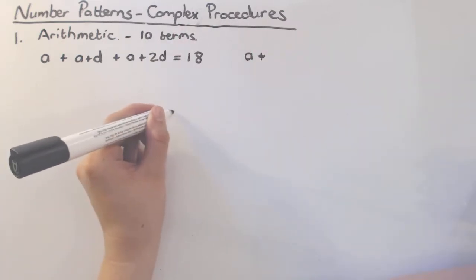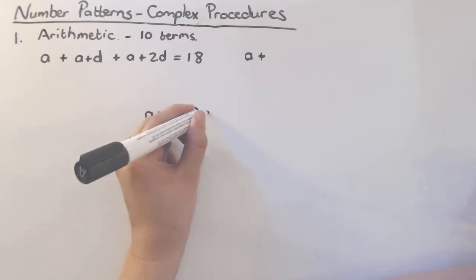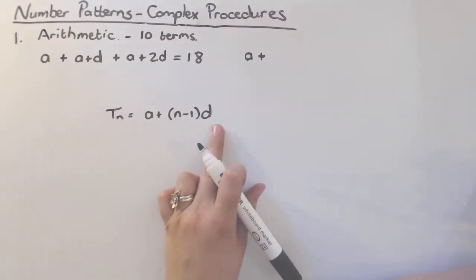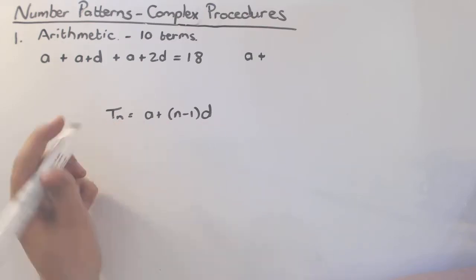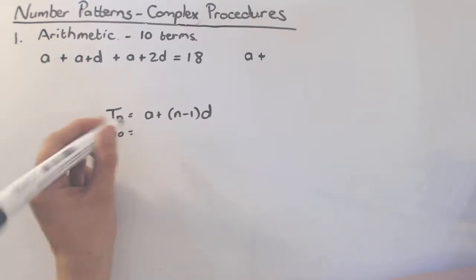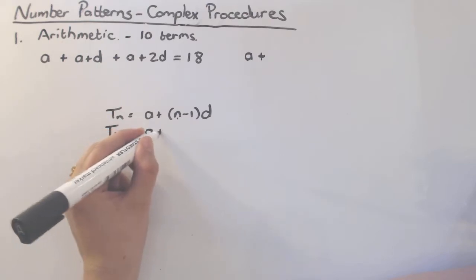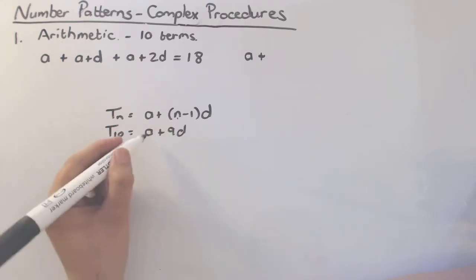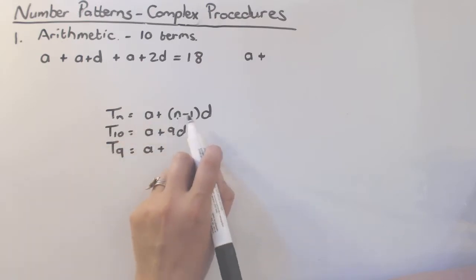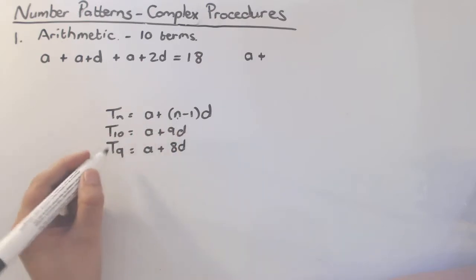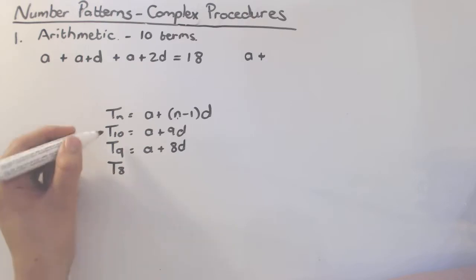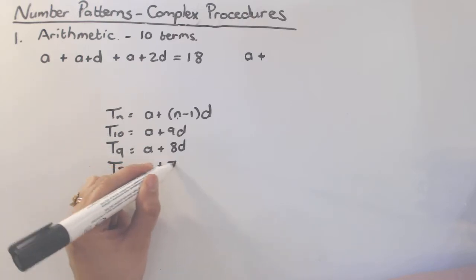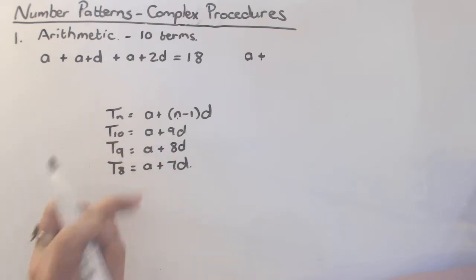My general term will be a plus (n minus 1)d, right? So the 10th term, 10 minus 1, will be a plus 9d. My 9th term will be a plus 9 minus 1, 8d, and my 8th term, these being the last 3 terms, will be a plus 7d, just so you can see where I'm coming from.